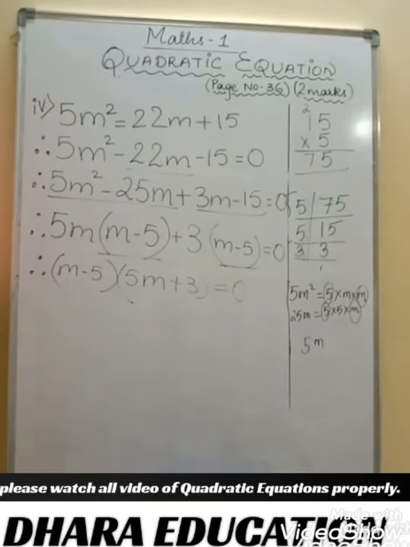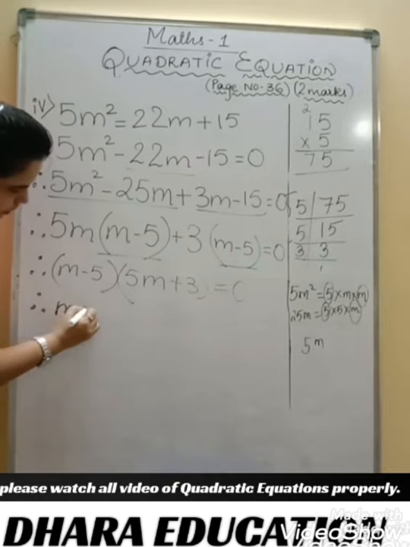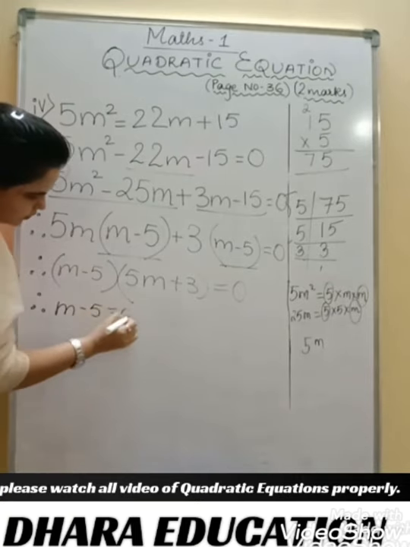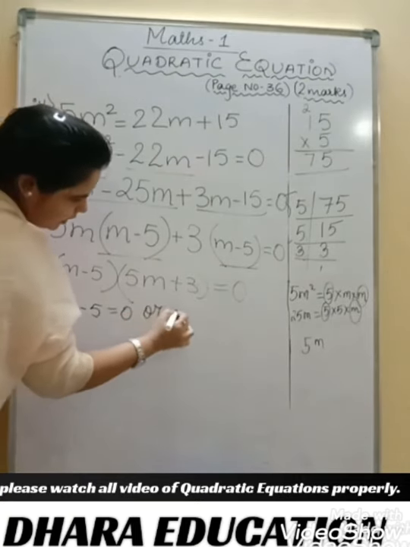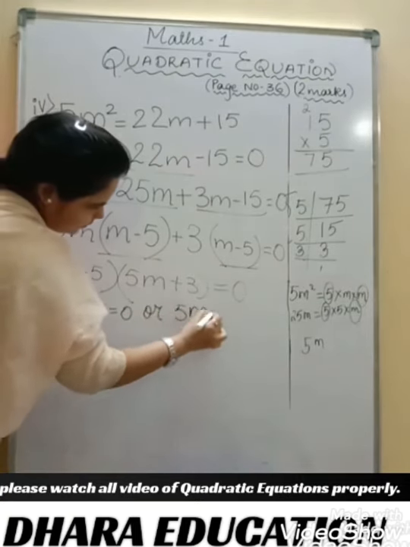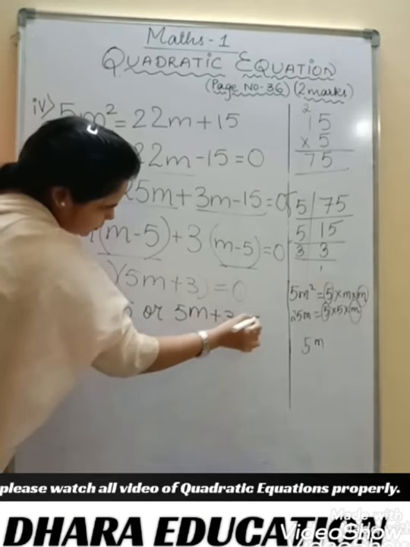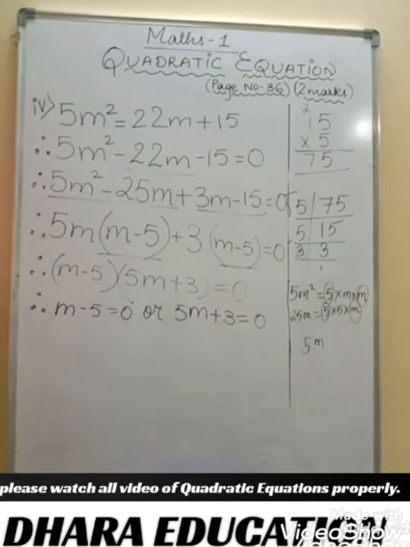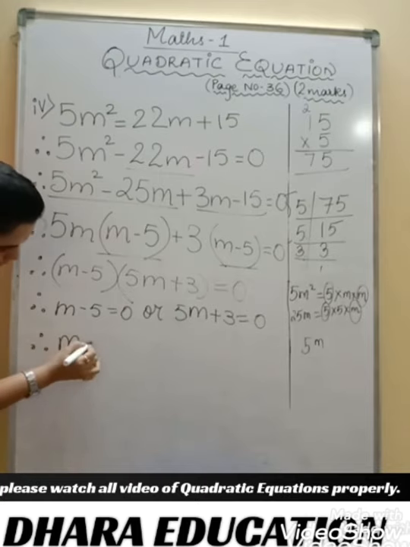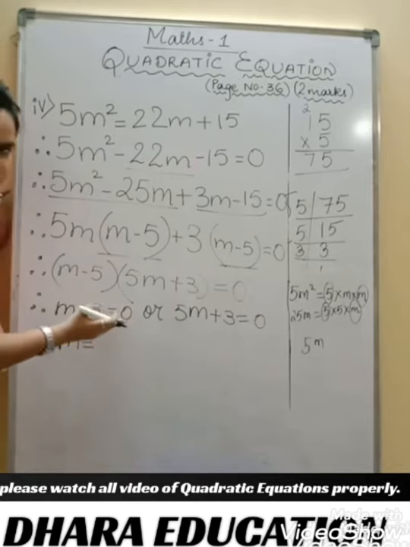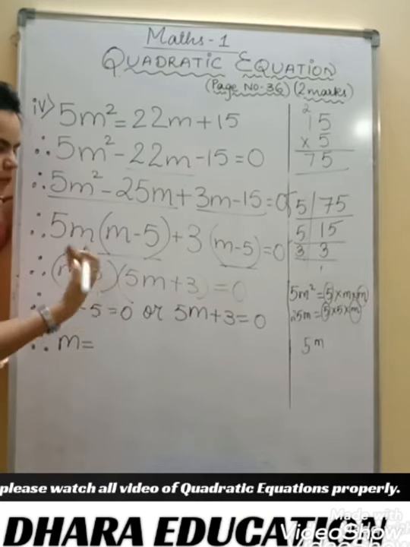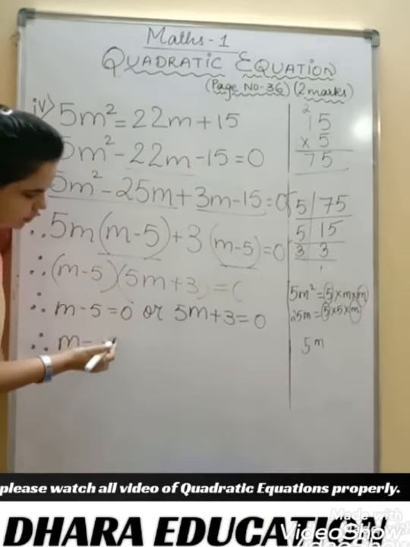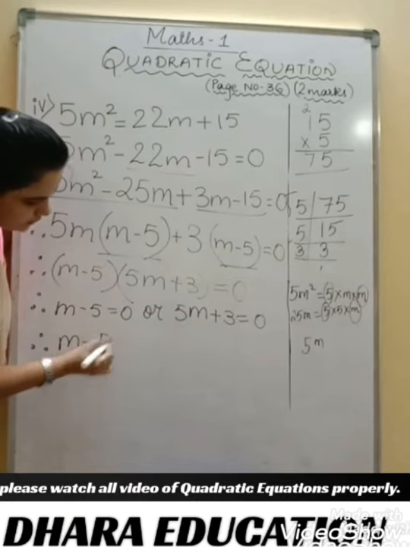Now m minus 5 is equal to 0 or 5m plus 3 is equal to 0. Our next step, therefore, m is equal to, what will come there? If I shift minus 5 to the right hand side, it will act as a positive.